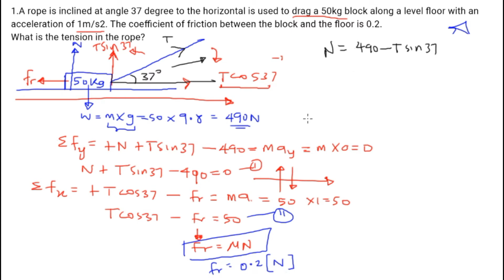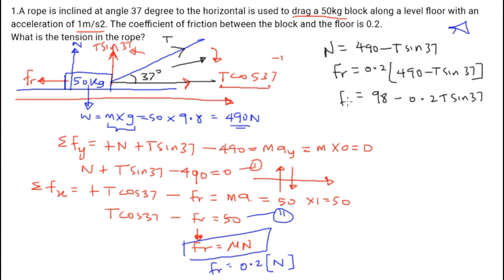Then I can substitute N into Fr, so that Fr will become 0.2 multiplied by N, where N is given as 490 minus T sine of 37 degrees. So I can multiply through: 0.2 multiplied by 490 is 98, minus 0.2 T sine of 37 degrees is the Fr.